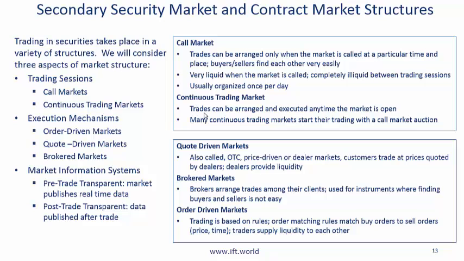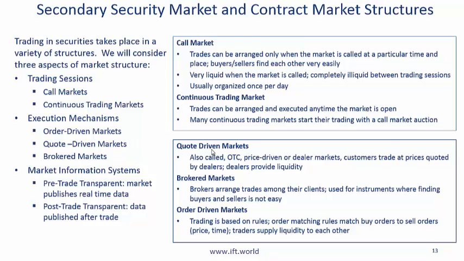In continuous trading markets, trades can be arranged and executed anytime the market is open. Many continuous trading markets start their trading with a call market auction. So remember these points, they are quite testable. In terms of execution mechanisms, we can have order-driven markets, quote-driven markets, and brokered markets.